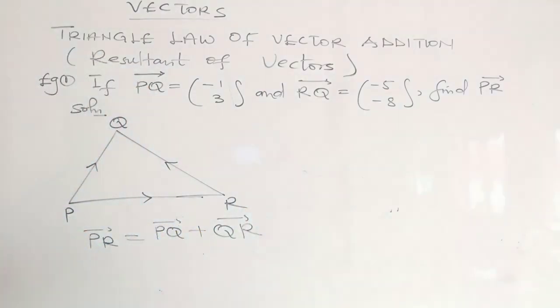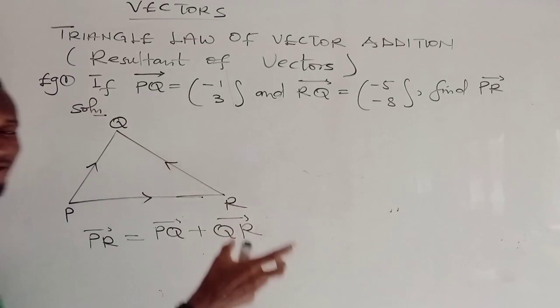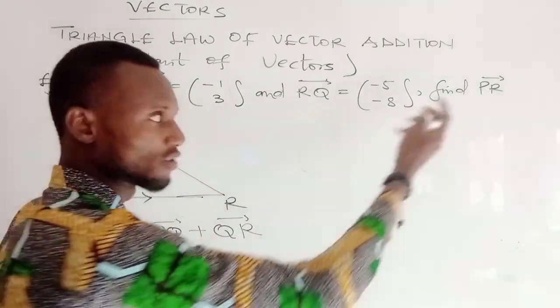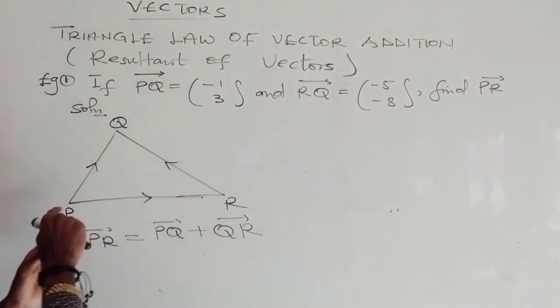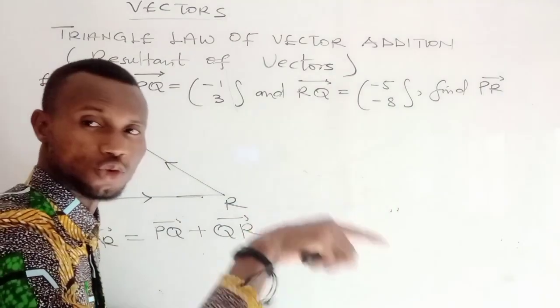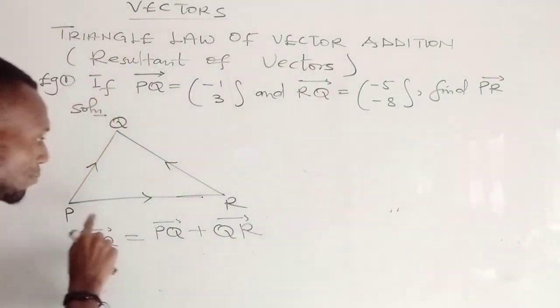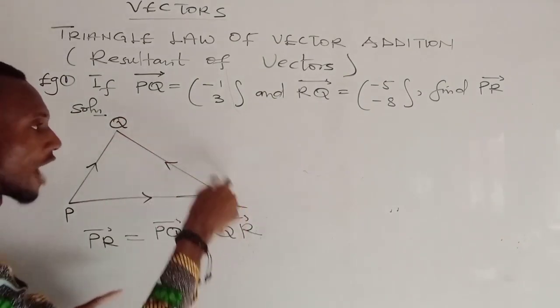Again, the law says that when we want to find PR, whatever we want to find, we put it at the base of the triangle. That's why I put the PR at the base of the triangle. So to get the PR, it should be PQ plus QR. Okay, though the question gave us RQ, you are not supposed to say that PR is equal to PQ plus RQ.